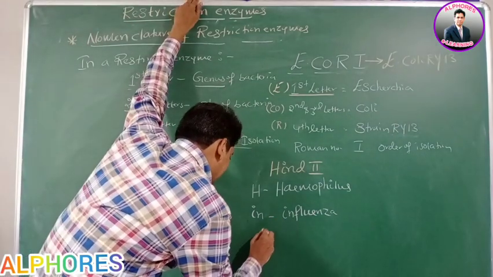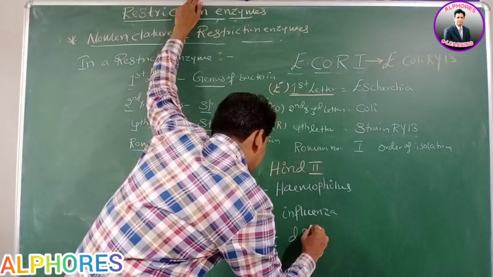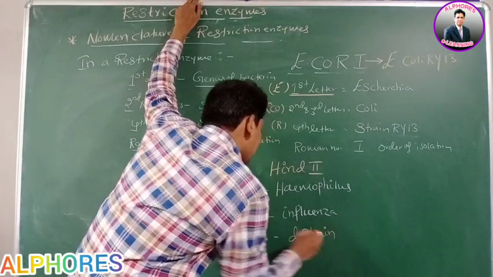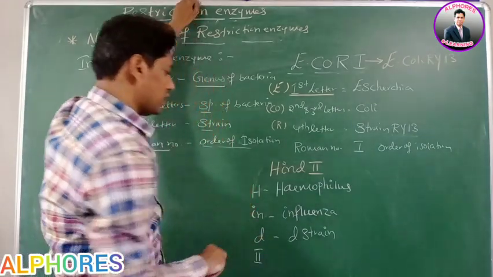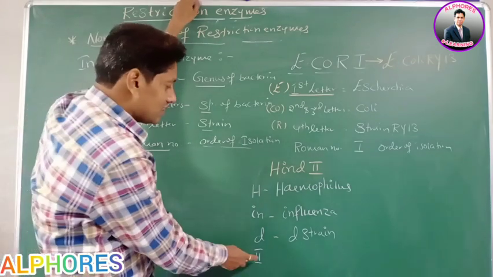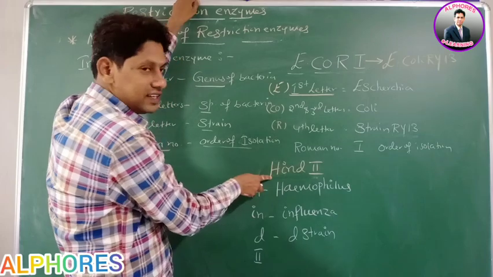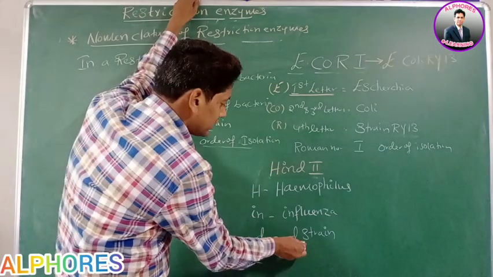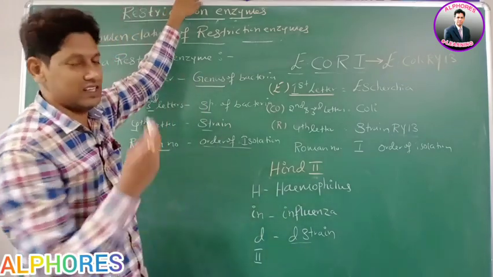Whereas the fourth letter, what is the fourth letter? D. What does it indicate? Strain. D strain. What is the Roman number? Roman 2. What does it indicate? This is the second restriction endonuclease enzyme that was isolated from D strain of Haemophilus influenza bacteria.